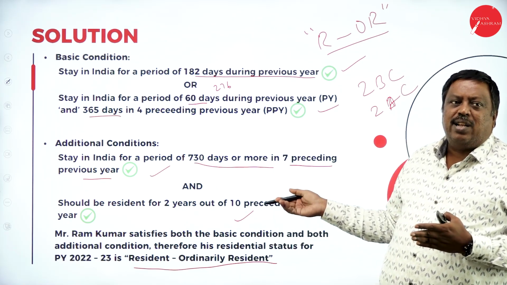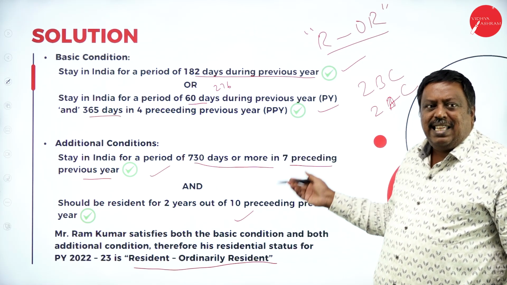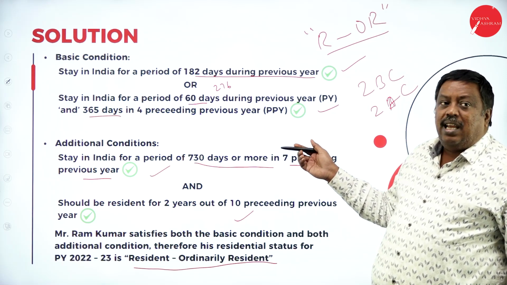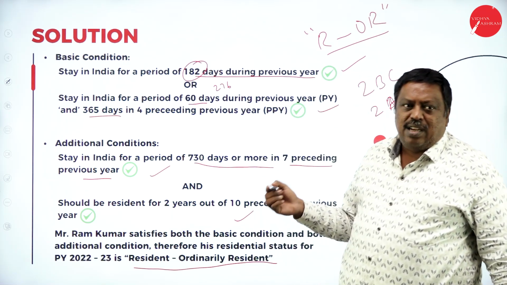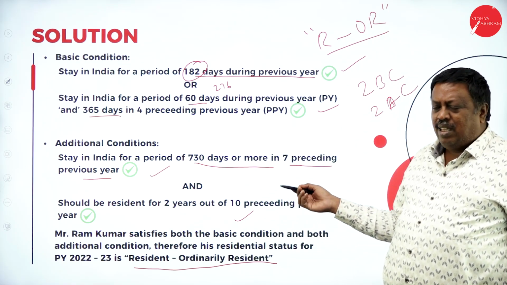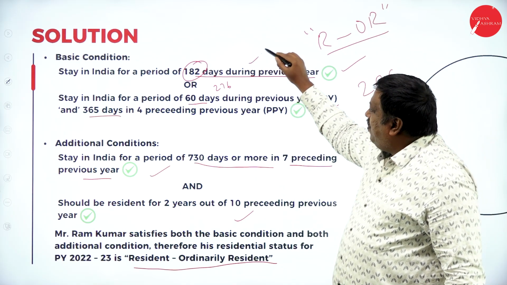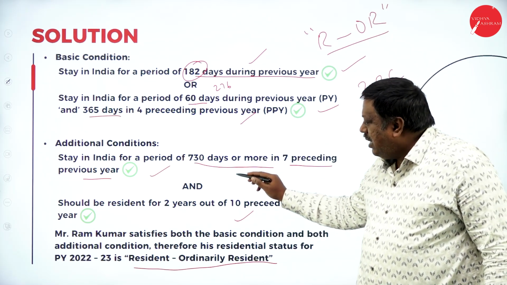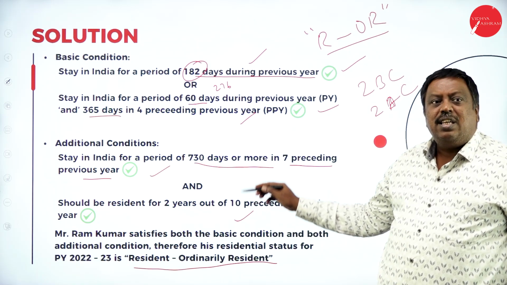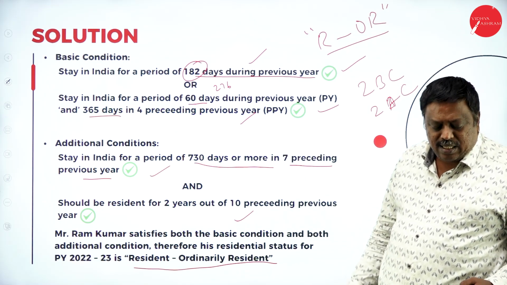So we can understand those concepts and we can write it easily. If my stay in India is less than 182 days, then I have to calculate second one. If it is more than 182 days, automatically I have satisfied first as well as second basic condition also. And even I have satisfied both the additional conditions in this particular case.